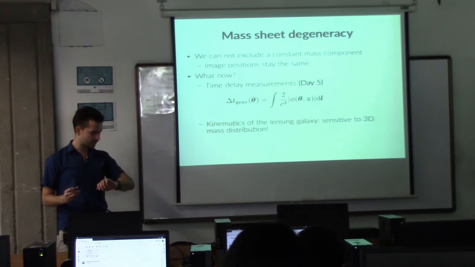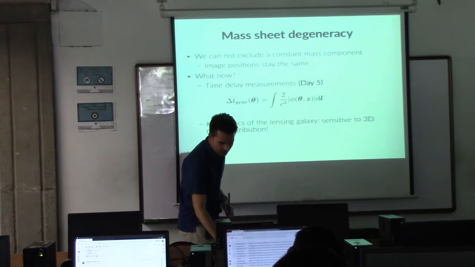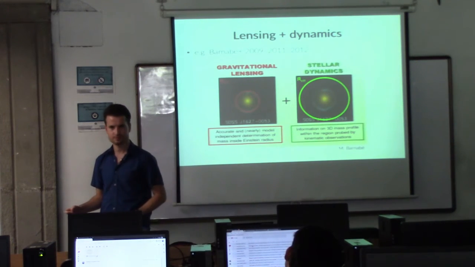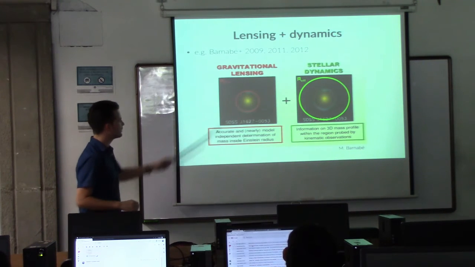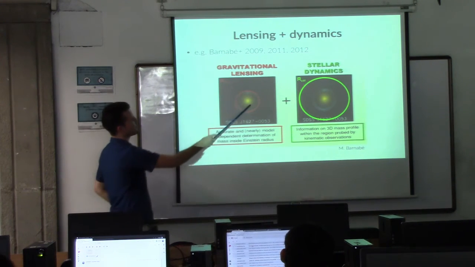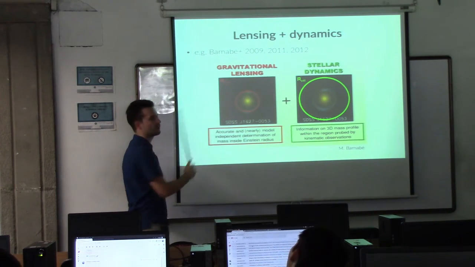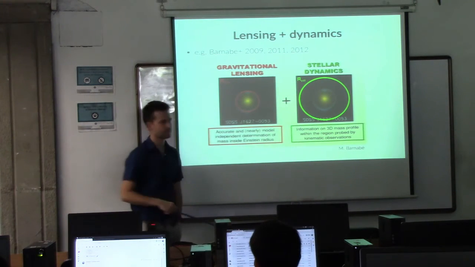So some of the more challenging techniques are doing a combination of these two. Because if you observe a gravitational lens, you have a probe for how much mass is enclosed inside the Einstein radius, and this is a slide I stole from Matteo Barnabé.